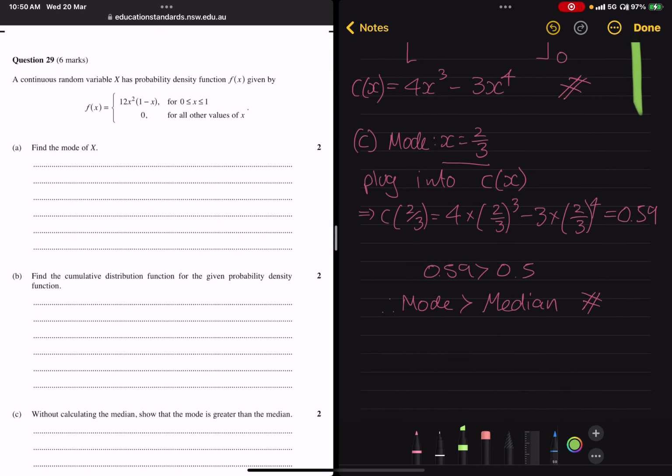And for part C, if you are able to somehow substitute values used in the first parts, this will get you 1 mark. If you do it incorrectly, just the 1 mark. To get 2 marks, you'll need to provide a correct solution, so get the value 0.59, then infer what you need to infer from that about the mode and the median. So this is how we do question 29.